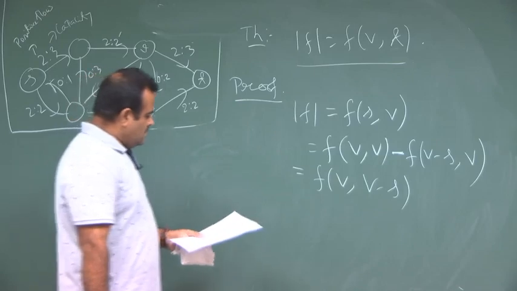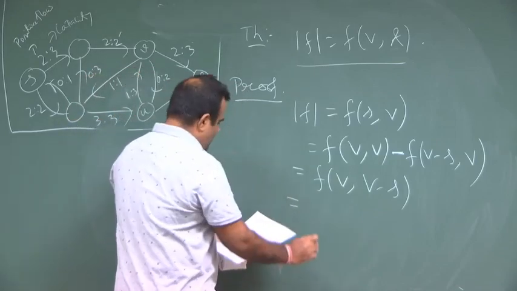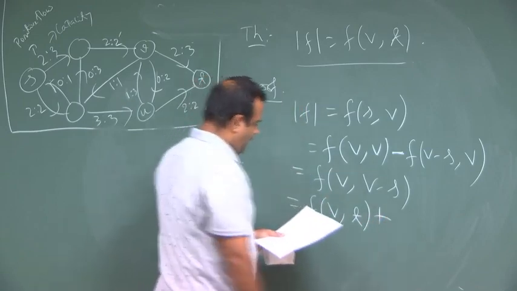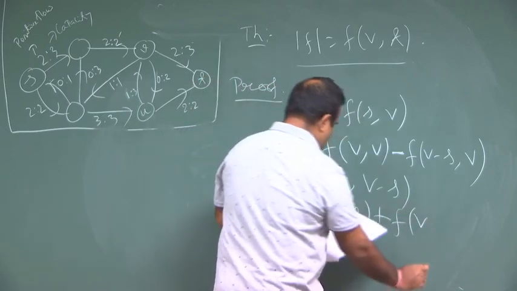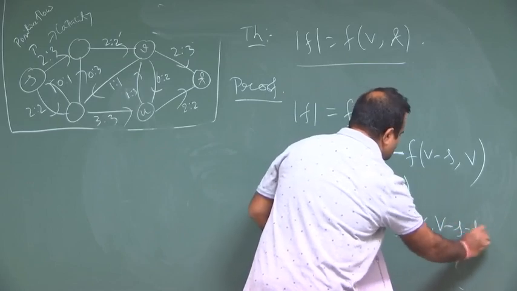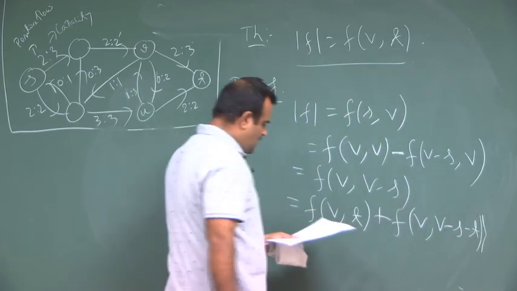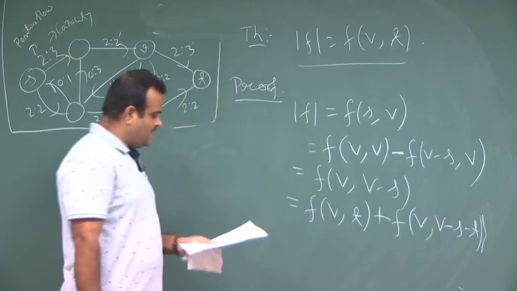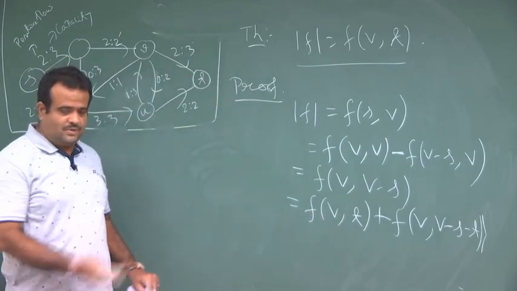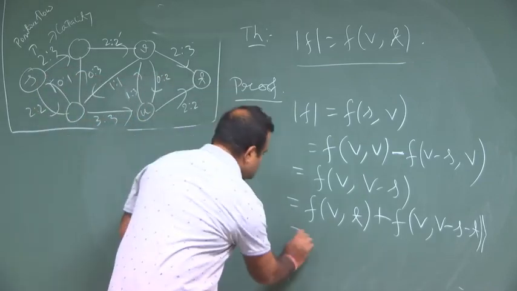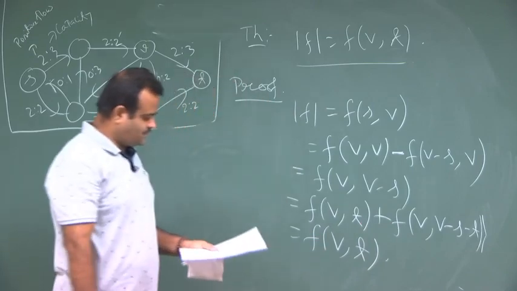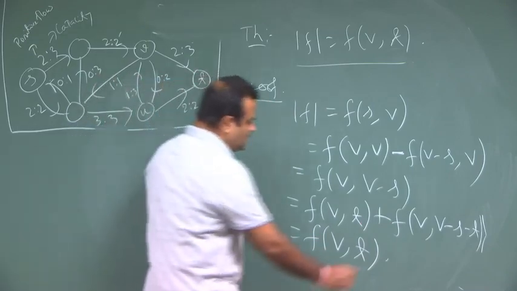Now, this we can write as f of v comma t plus f of v comma v minus s minus t. We are using the last three lemmas we have discussed. So, this is nothing but f of v comma t. So, this is the proof.